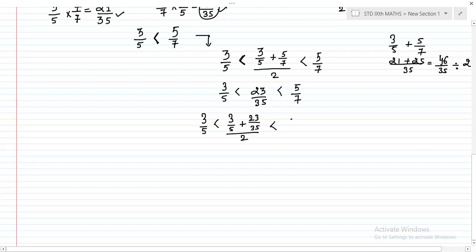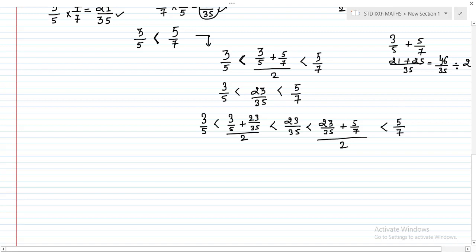Now we will copy the middle term 23 upon 35. Now we will insert one rational number, that is 23 upon 35 plus 5 upon 7 whole upon 2, then the last fraction, that is 5 upon 7.